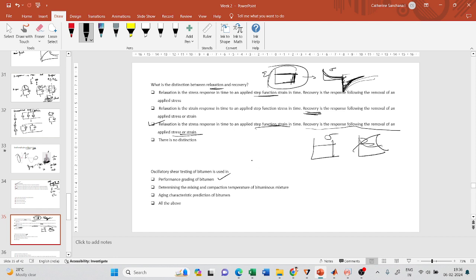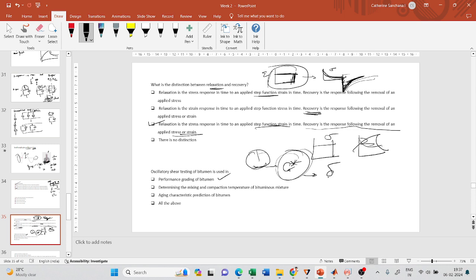So here we subject the sample, a disc-like sample, to oscillatory shearing, and we measure the absolute value of the complex shear modulus, mod of the complex modulus, and we measure the phase angle. Okay. Phase angle and modulus, we did not cover this week. So maybe we will cover that also next week.